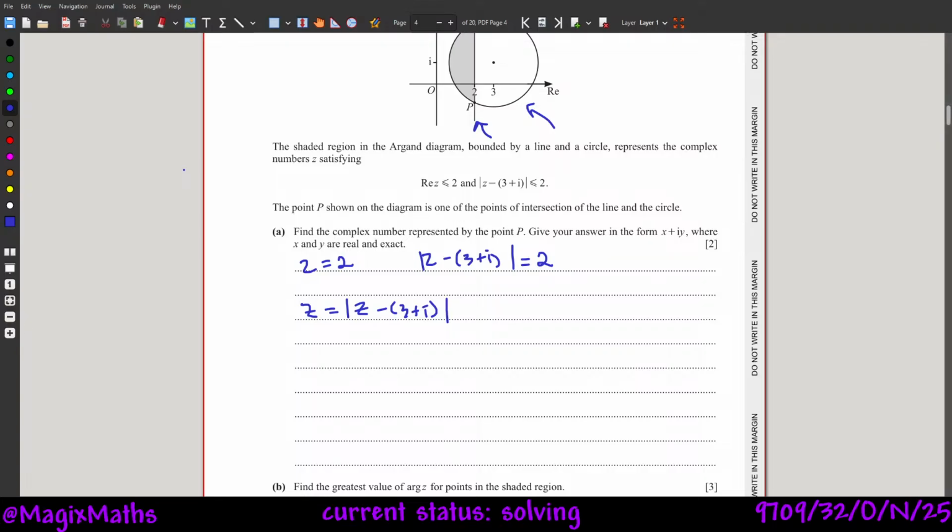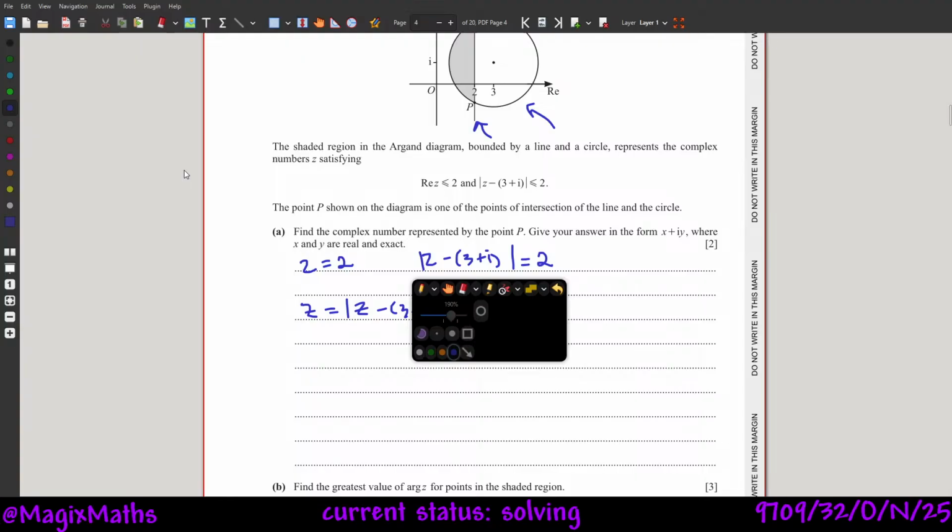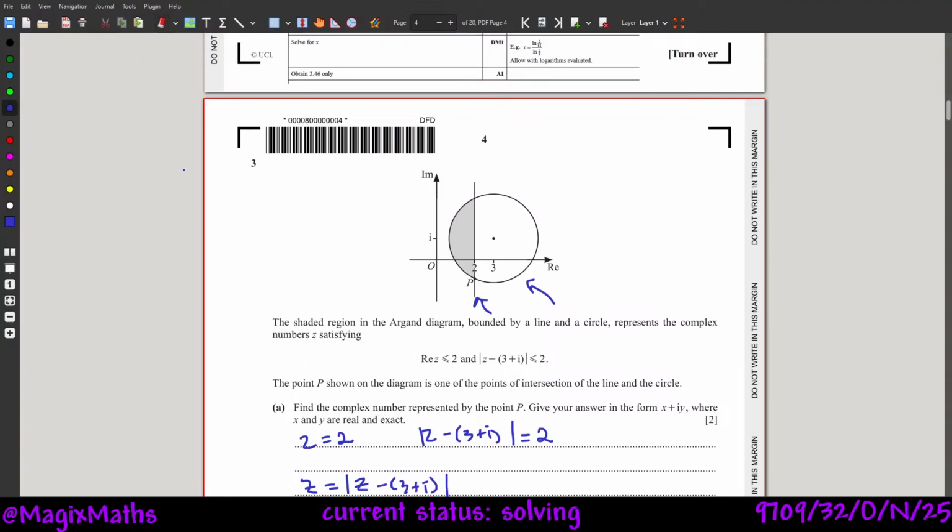Now if you see this modulus, it means absolute value, so it'll go positive or negative depending on the value inside. So we'll have two cases. But when you take a look at this diagram, we can see that point P is in the lower part, which means the y coordinate, or imaginary coordinate, of P is less than the imaginary coordinate of the other intersection.